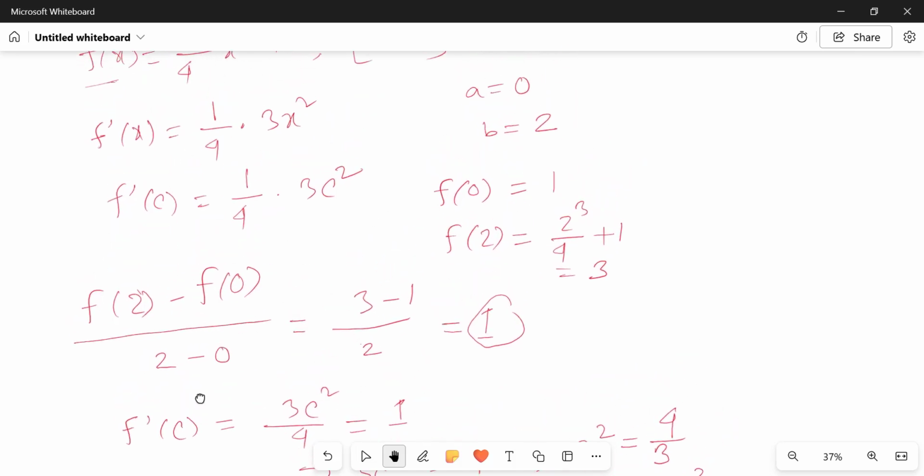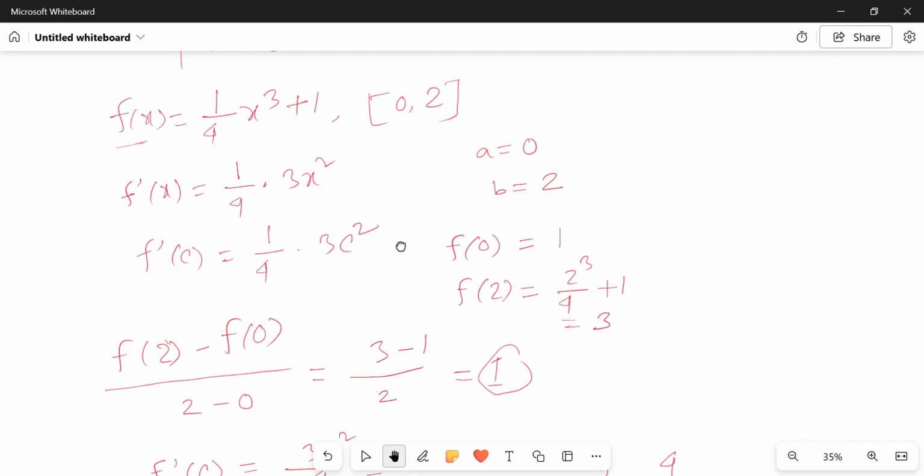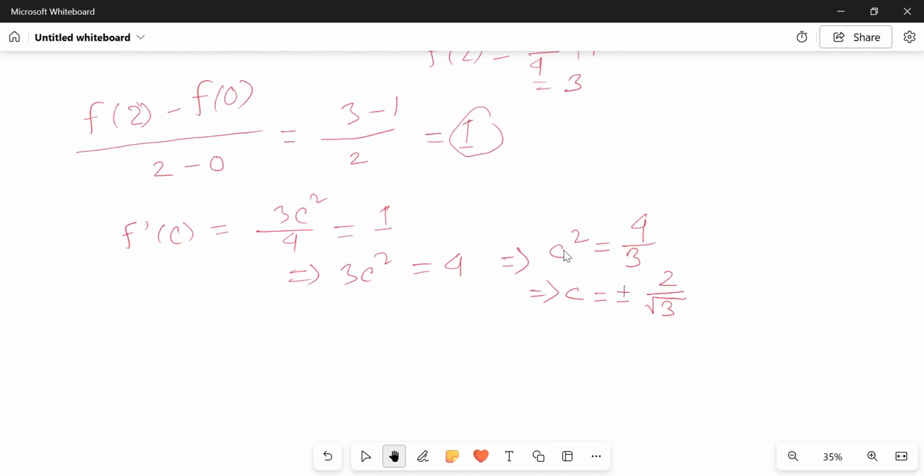Now which c value is correct here? The interval given here is 0 to 2, so minus 2 by root 3 is outside of that interval.